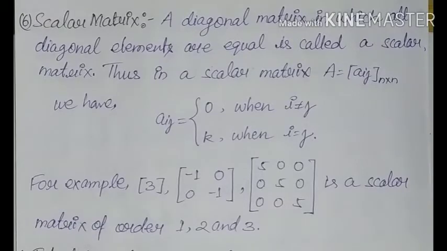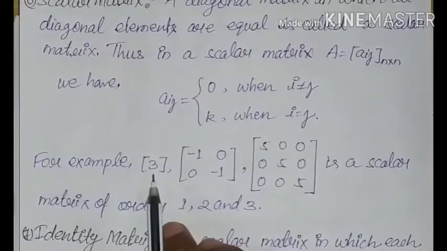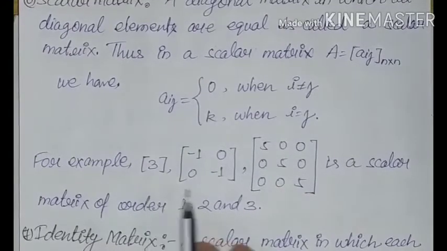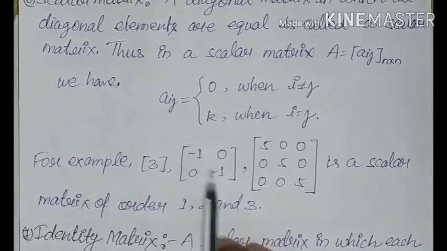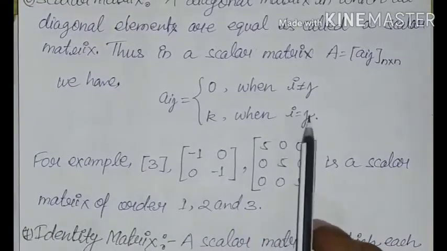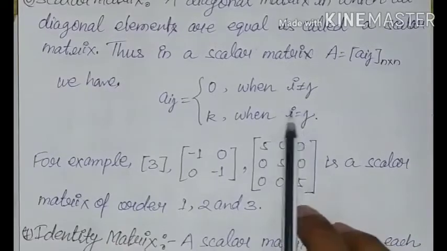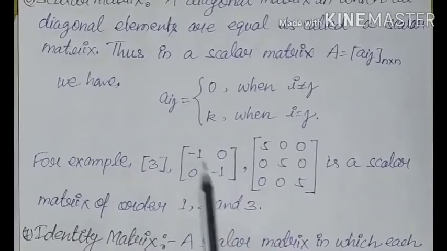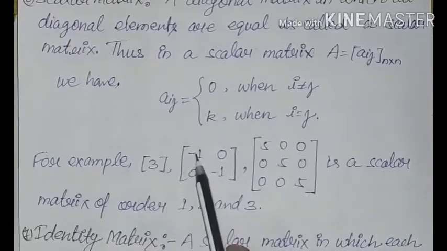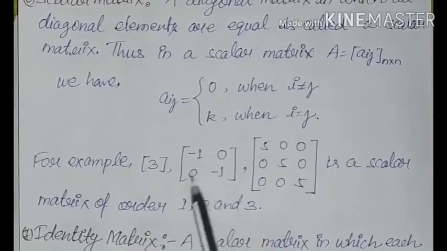For example, 3 is a scalar matrix of order 1, and this is also a scalar matrix because their diagonal elements are the same. i equals j stands for the diagonal elements. Diagonal elements will be the same, and except for the diagonal elements, all elements should be 0.